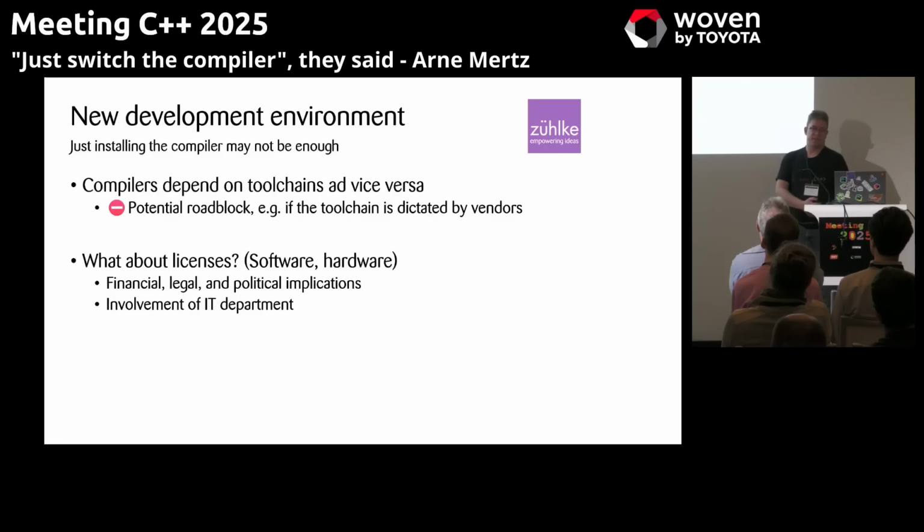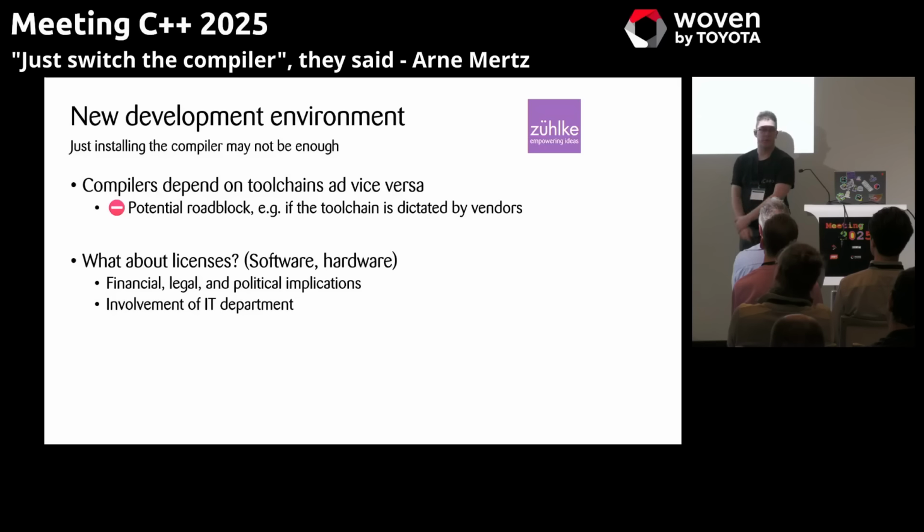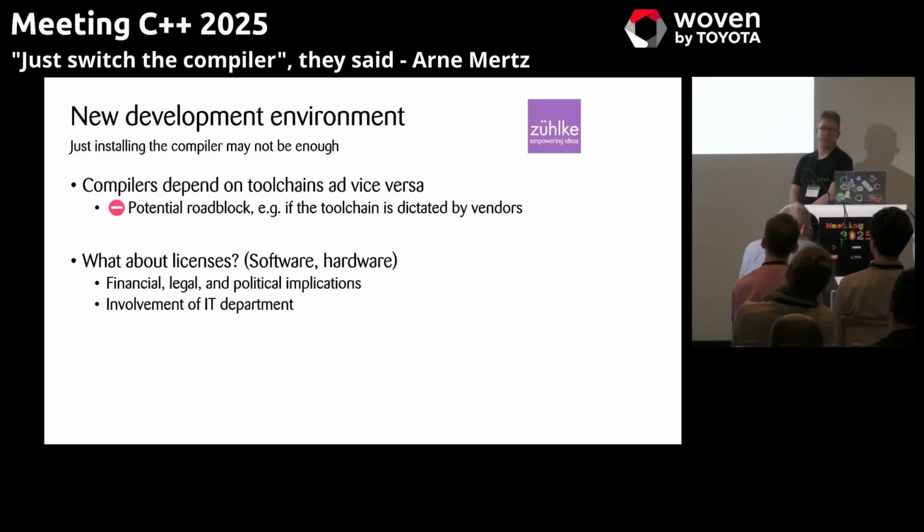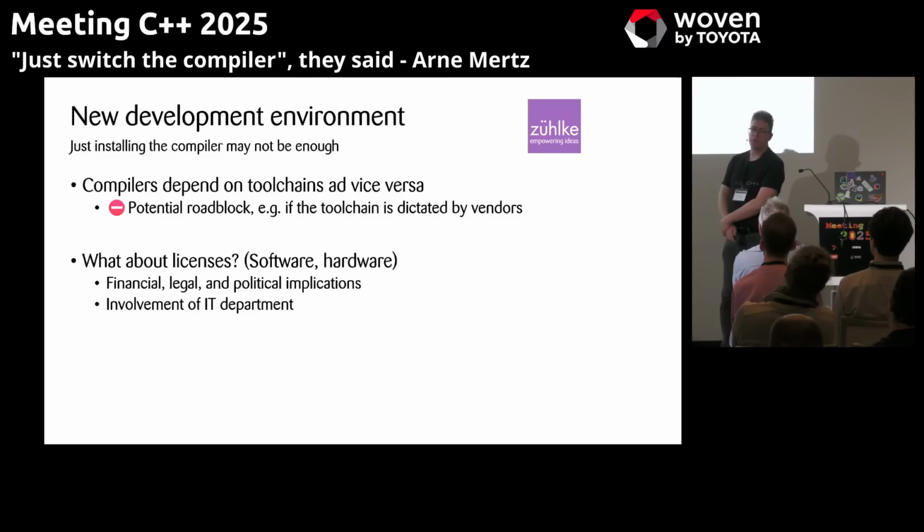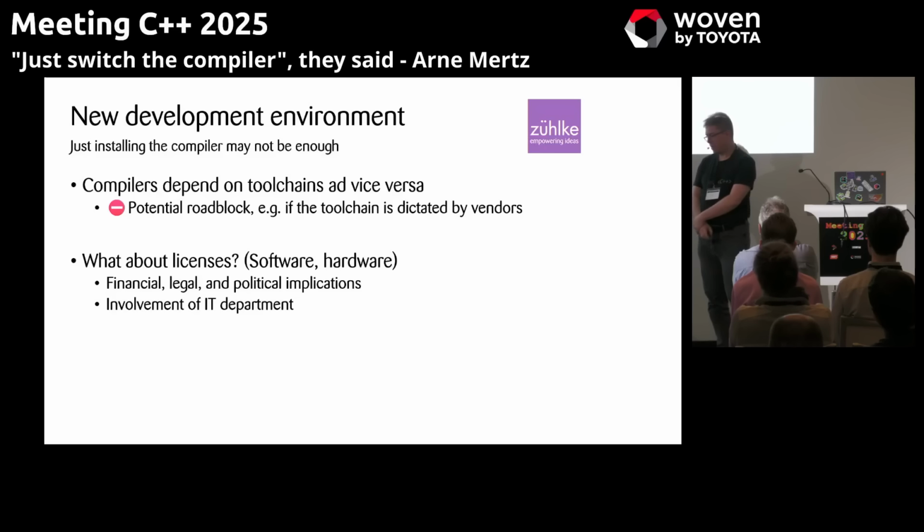You have to think about licenses. Licenses for the software, for your compiler, for your toolchain, for whatever, for maybe hardware that you need to use with these. And these have implications, financial implications. Some compilers or compiler licenses can be costly. We've had a project where we said, well, this compiler is ages old.